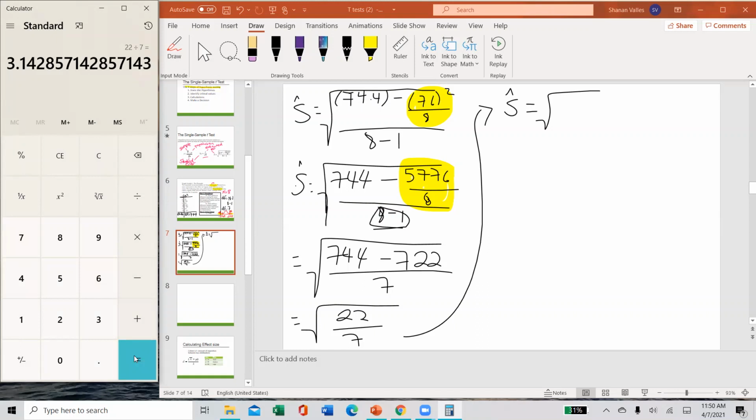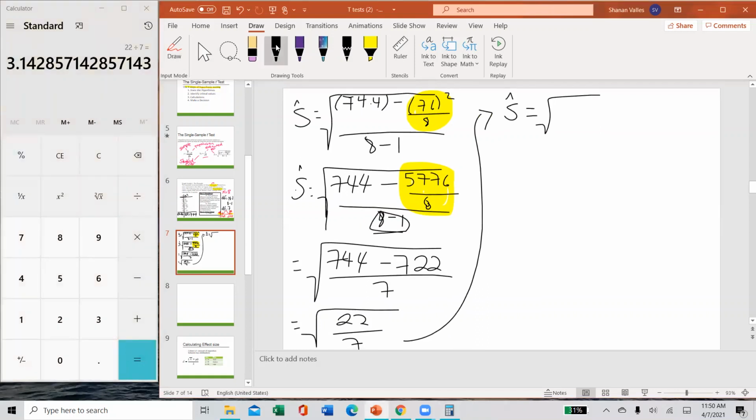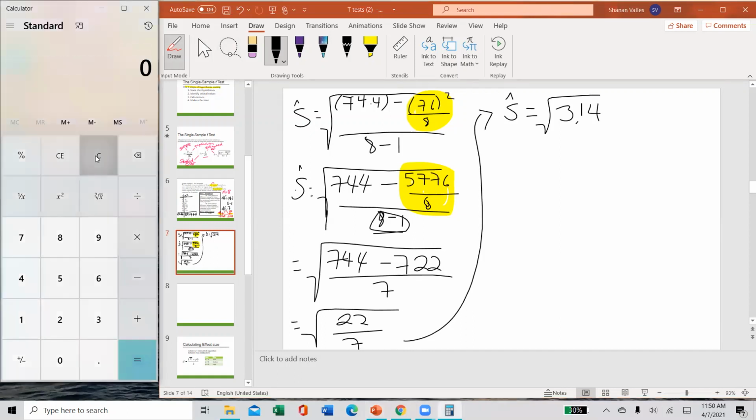Oh, that looks like pi, right? 3.14. Now we need to do the square root of 3.14, okay? This number right here on this calculator, let's see if this is going to work. Or does it want me to type the number first? Yes. Let's see. 1.77.